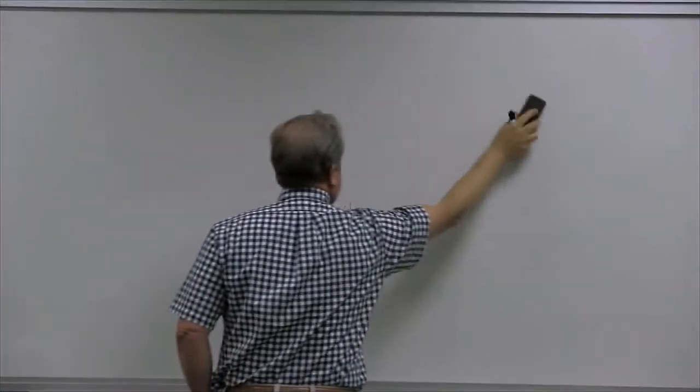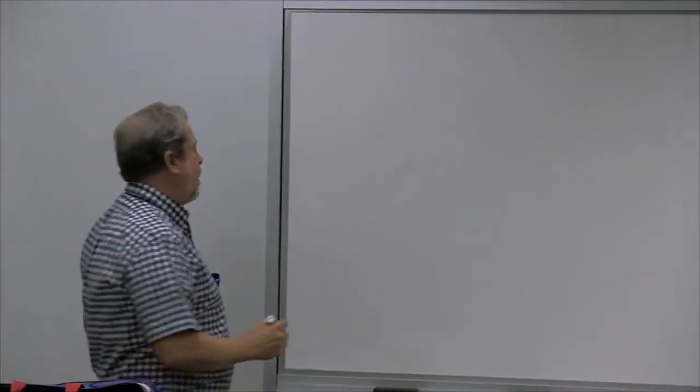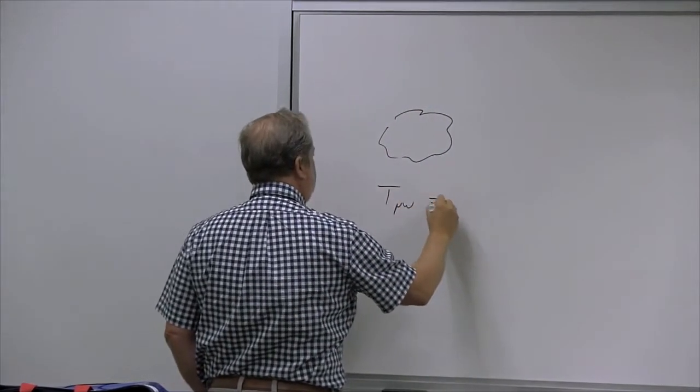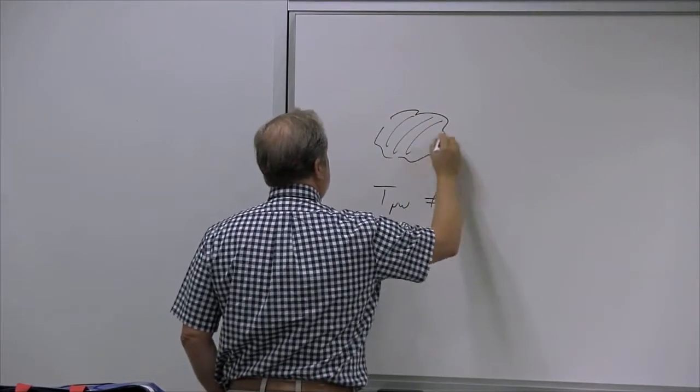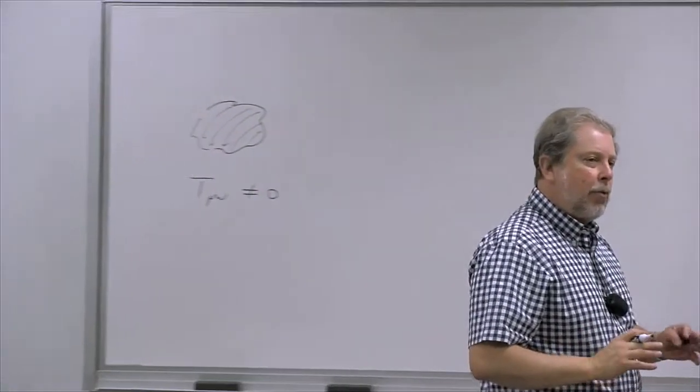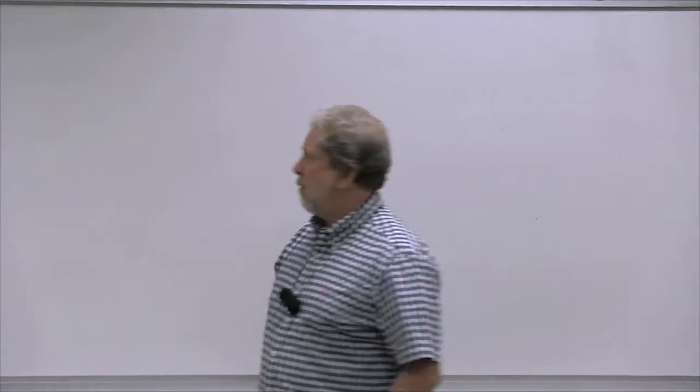is what happens if you have a gravitational field that goes to 0 at infinity. So you can think of some distribution where T_{mu nu} is different from 0 in some region, and we assume that that region is finite, and then we look at what happens at very large distance from it.